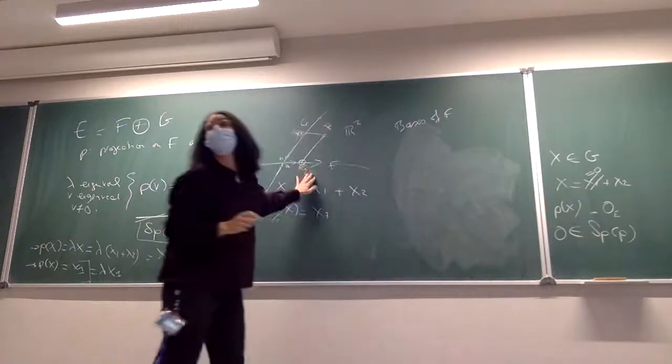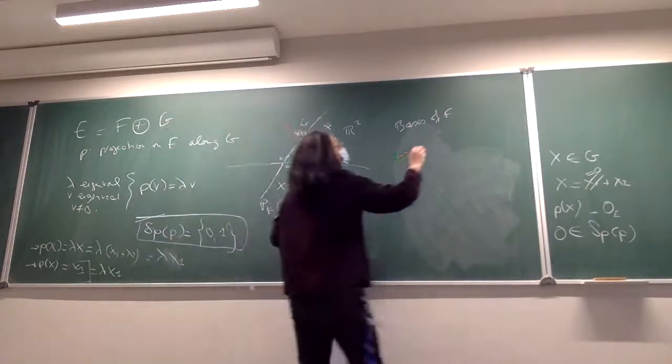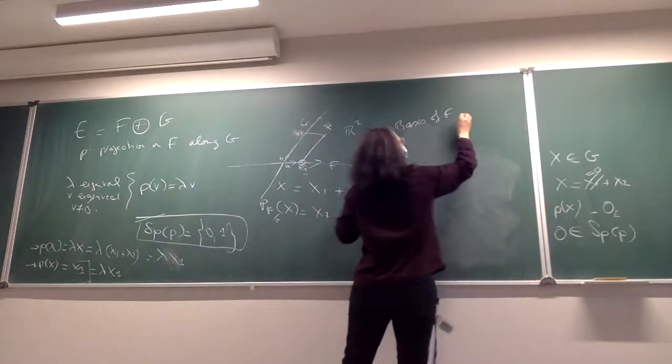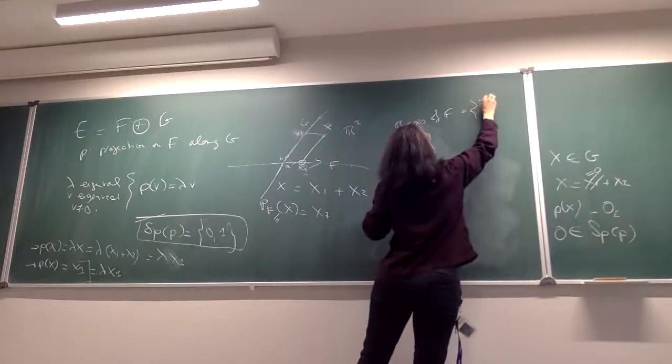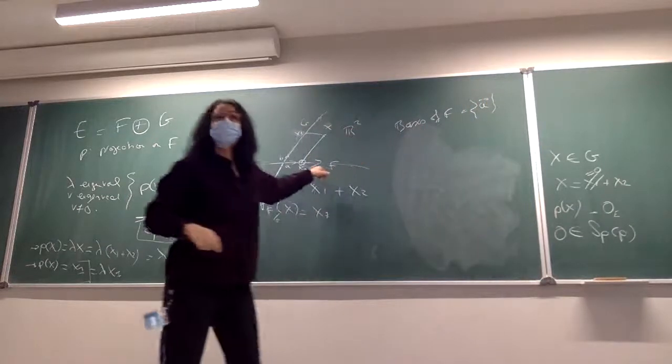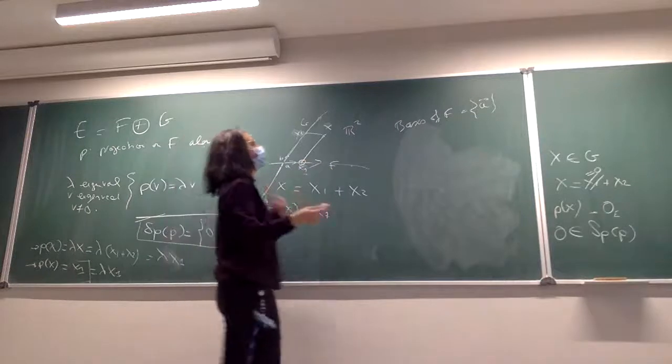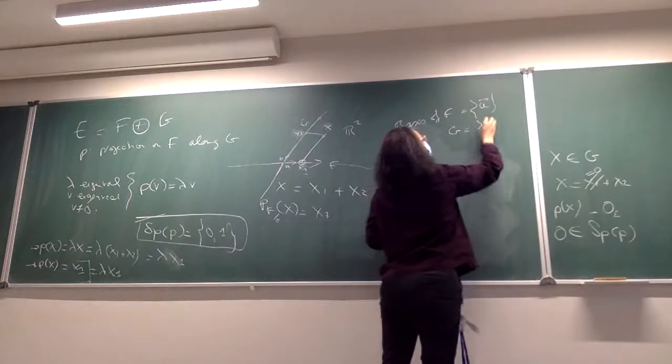Here, if I do in R2, where I just have one vector, let's call it A. Basis of G, again, in R2, I'm going to have one vector.